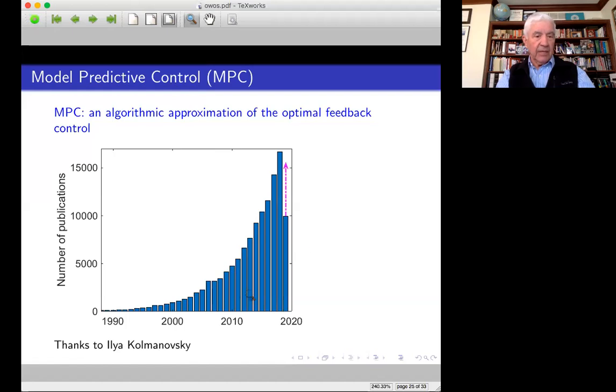I'm going to give you only this graph of the number of publications on model predictive control, MPC, in the last 30 years. And you see the graph here, growing exponentially. This is thanks to Ilya Kolmanovsky, who gave me this graph.